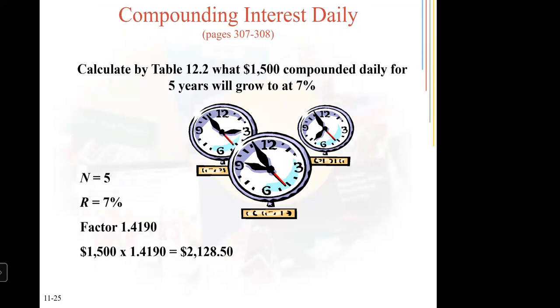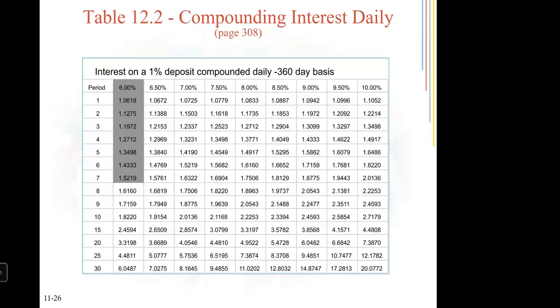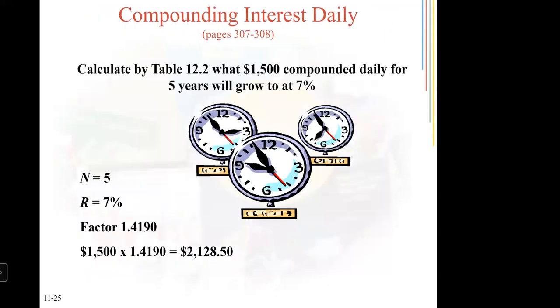So 5 years, 7%, you simply go to the table, look for 7%, 5 years. In this case, it's 1.4190. And you multiply that by the 1,500, and you get your compounded amount. Okay, so there is a table for compounded daily.